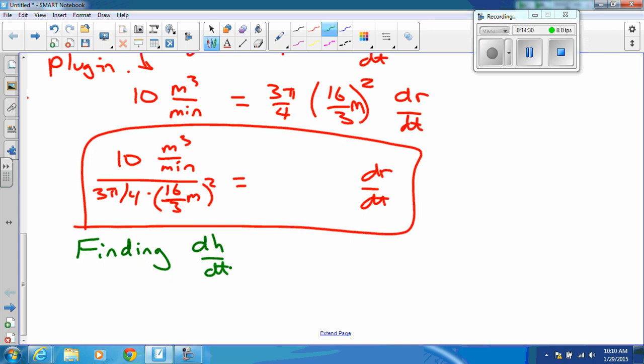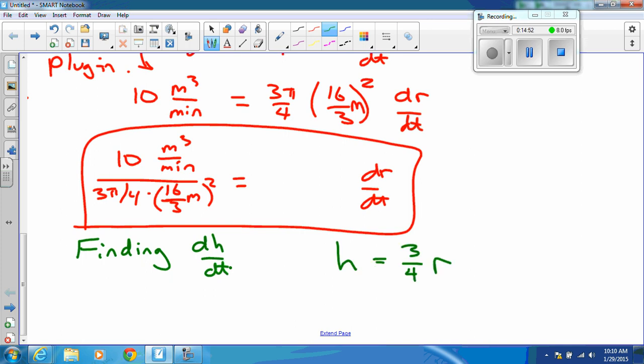Would you take the answer that we just got? Oh, the equation you had at the beginning, h equals 3/4 r. Look at that.